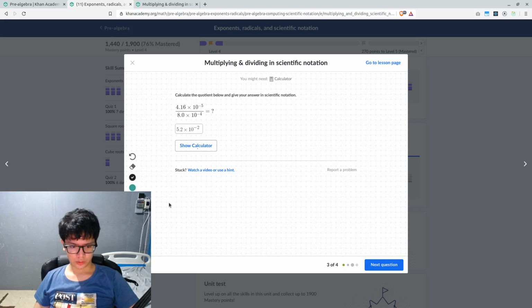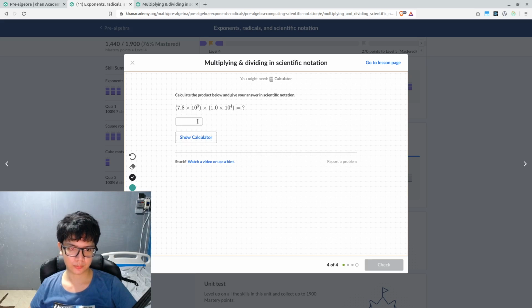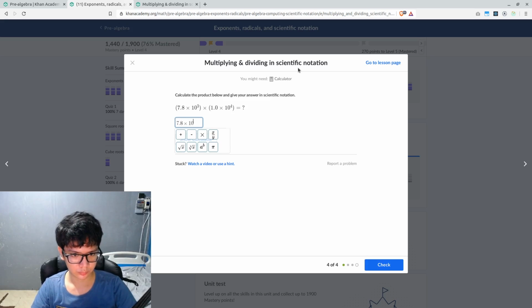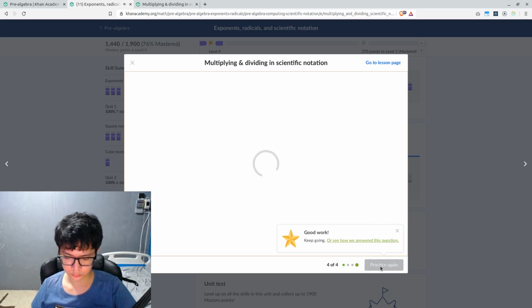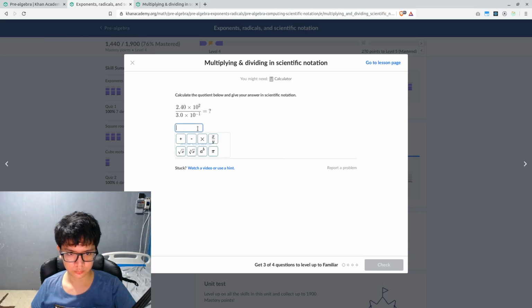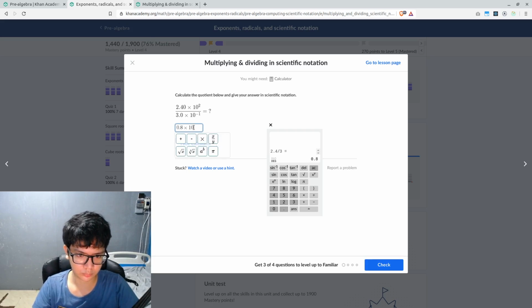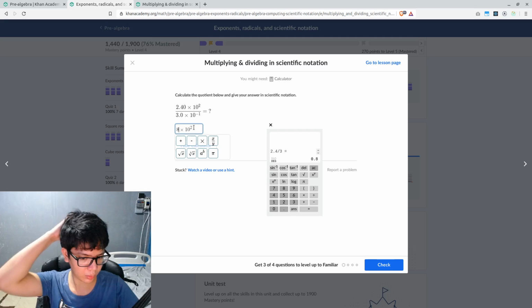Okay, so 0.52 times 10 raised to -1. So I kind of moved that over here. So if I move it, then this is correct.